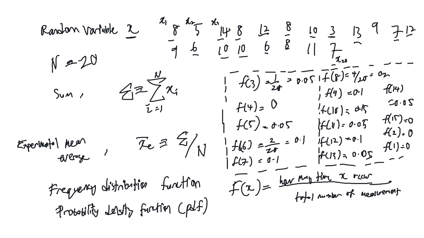So what is the frequency of getting x equal to 10? It is 0.15, or what's the probability of getting 10? It is equal to 0.15.